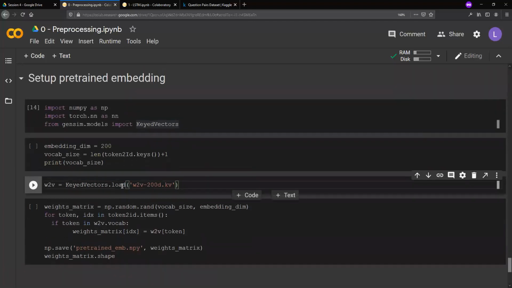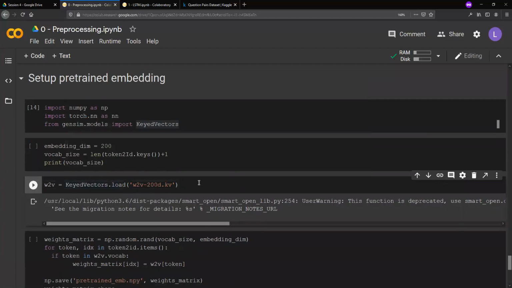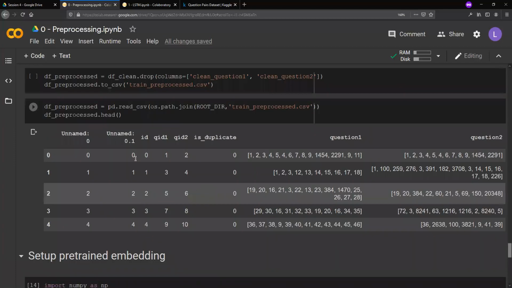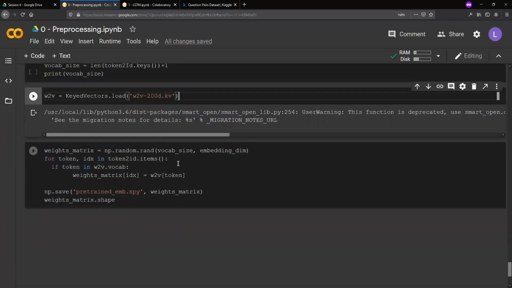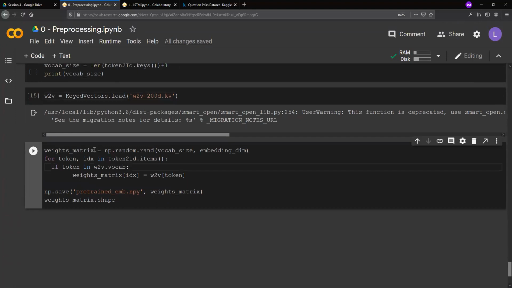And then we can load in the word2vec model, the word vectors that we learned when we trained our model. In this step, all we're doing is generating a matrix for our weights, of the dimension of the vocabulary size by the number of embeddings. Then we iterate through our token IDs and populate each row with its associated vector.